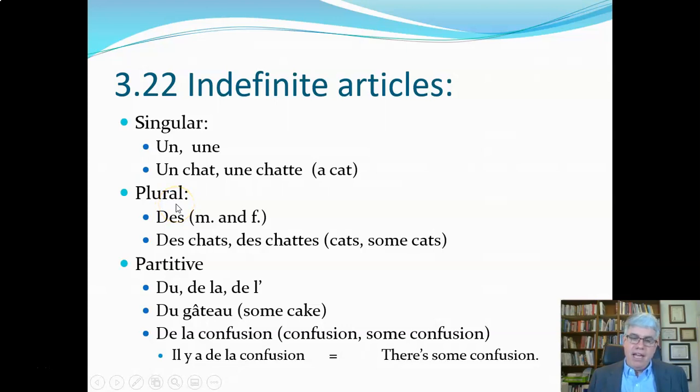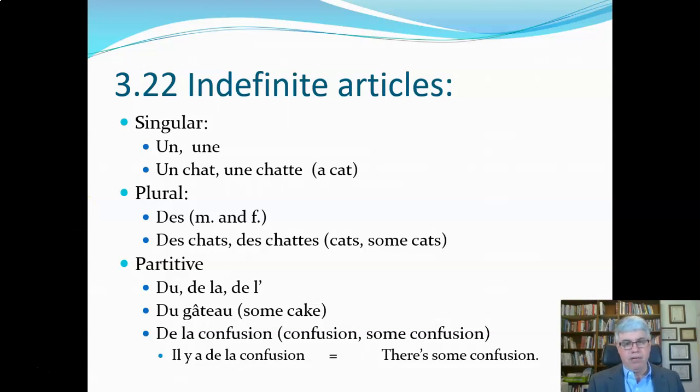We don't add s to un or une. We change it to des, which is a word we've seen already as de plus les. The preposition de plus les contracts to des, but it's also the plural of the indefinite article. So we could say des chats and des chattes.